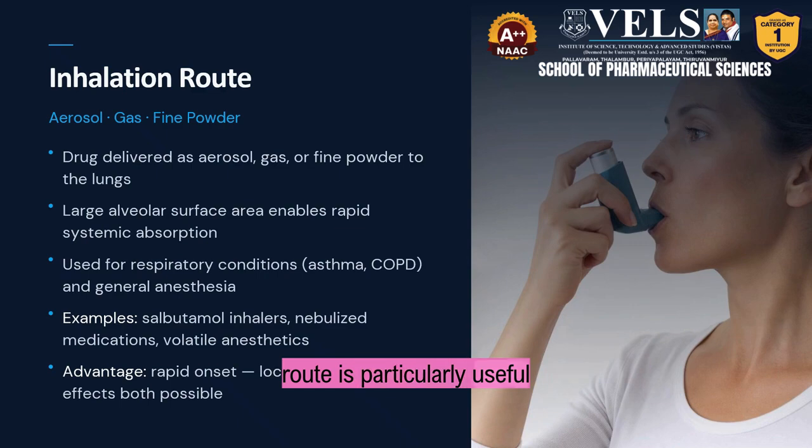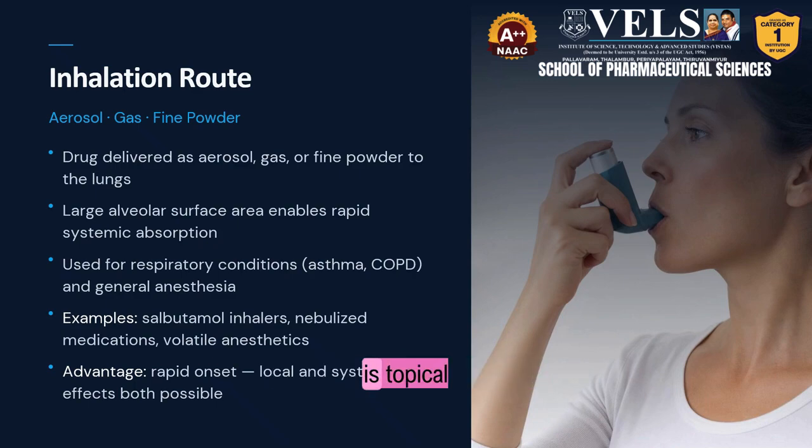This route is particularly useful for respiratory diseases such as asthma and COPD, and it can also be used for general anesthesia. The example drugs are salbutamol inhaler, nebulized drugs and volatile anesthetic drugs.